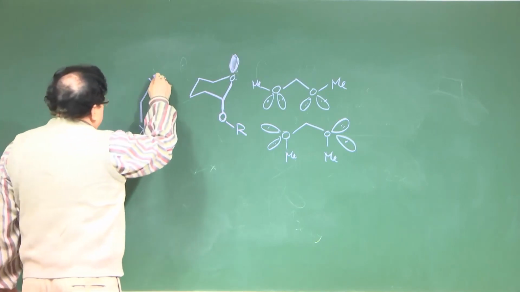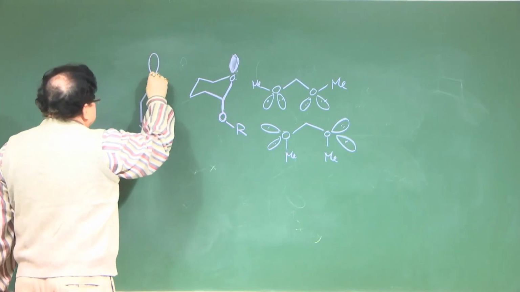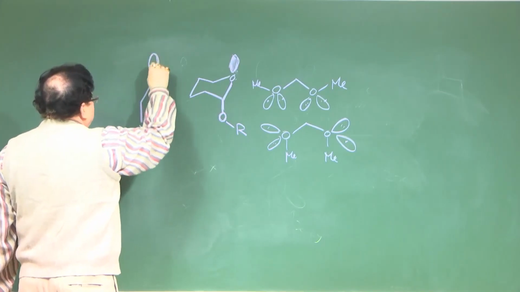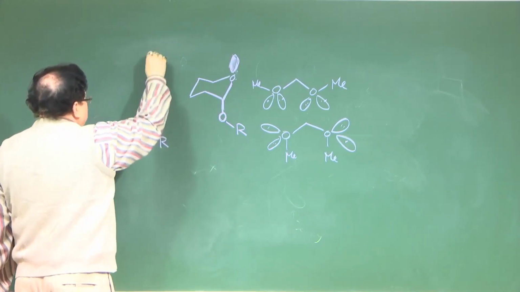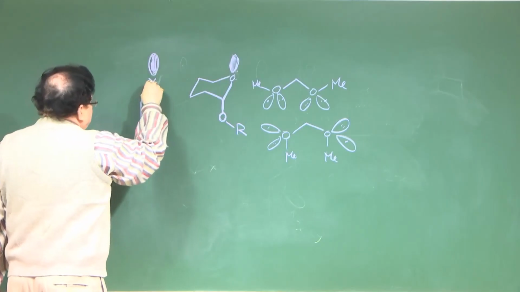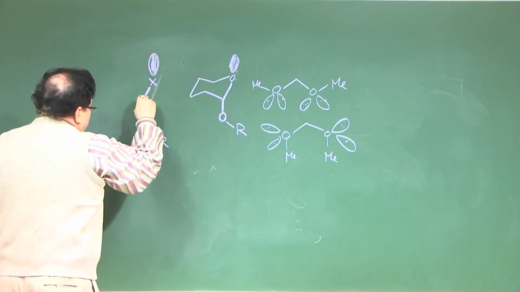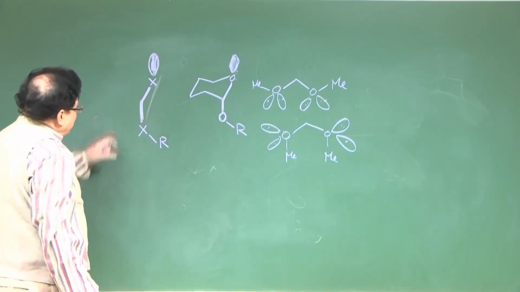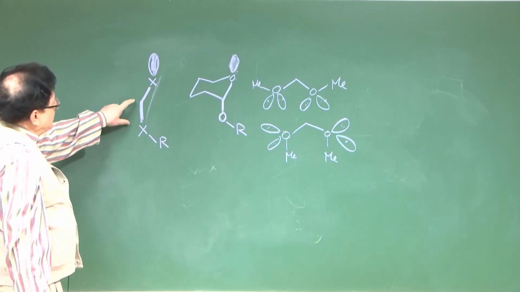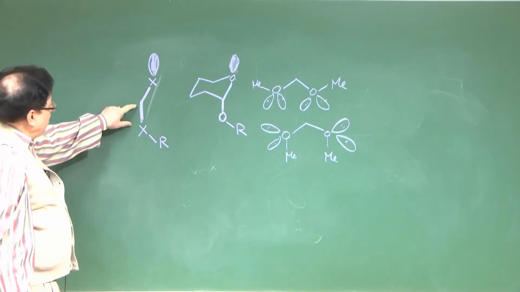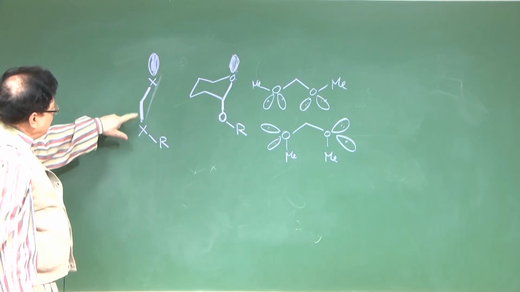Now, the point I was trying to make is that this lone pair on the X is basically anti to the bond, to the beta bond, which is attached to another heteroatom.